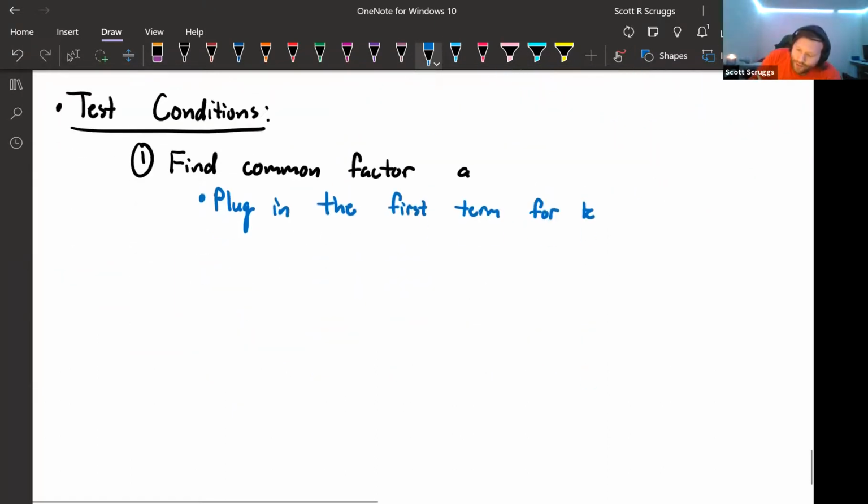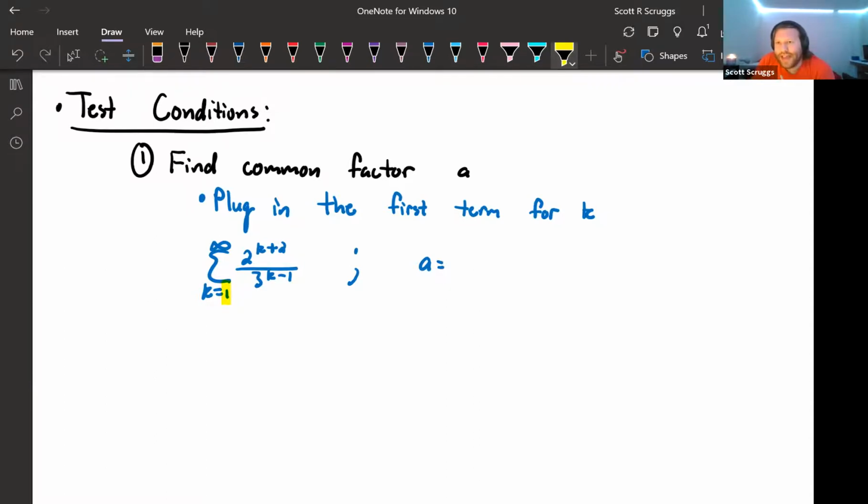So let's do a couple of samples. Let's go back to that 2k plus 2, 3k minus 1. I want to find the common factor amongst all of them. Here, my series begins at 1. So to find the common factor A, I'm plugging in 1 for k.